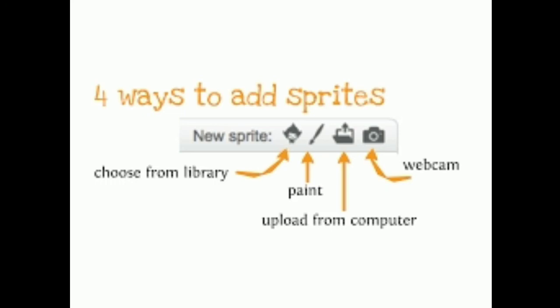The only concern is that your computer system should have a built-in camera. Once you select this option, the camera of your system will open and you can click and upload the image onto the stage. So this is how you can upload a new sprite from our webcam.